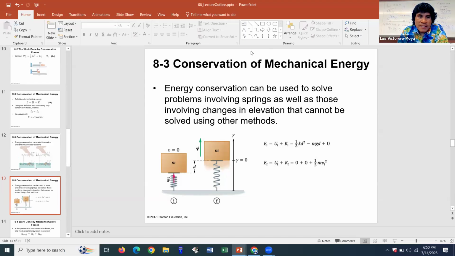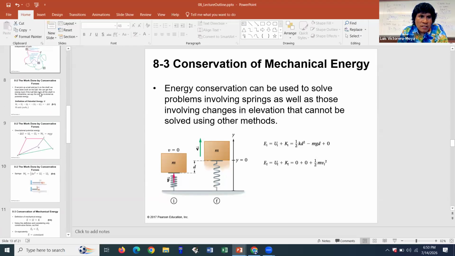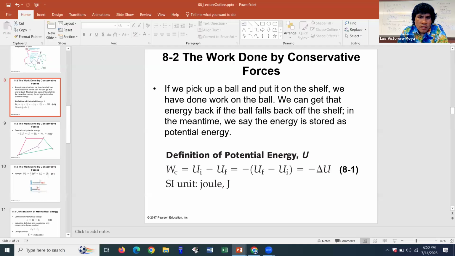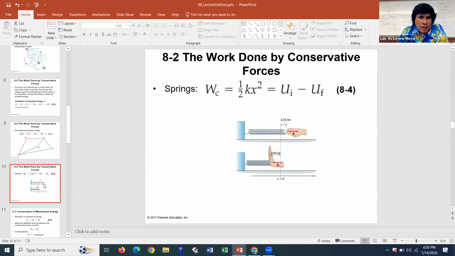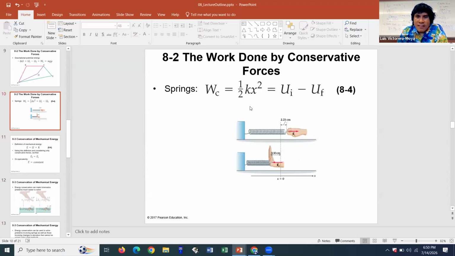So let's do that. All right. So again, be careful with some of the notation that the book uses. W for work, U for potential energy. I might use P, as I said, and K for kinetic energy. Please, the way I'm going to use KE, because there's also k here. So what's the k there?